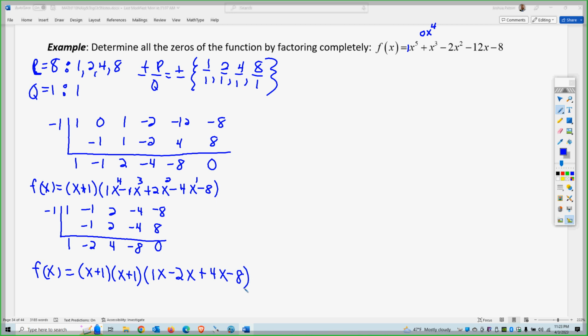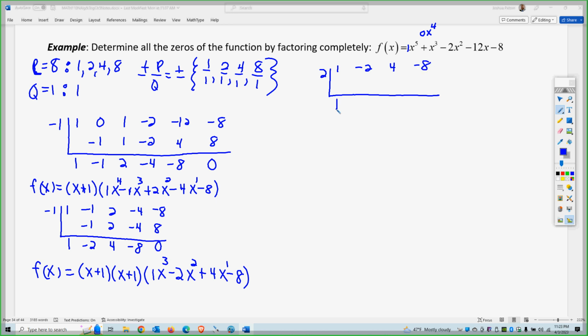Since the one I just did was fourth power, then this one is 3, 2, and 1. Okay, then I notice on the graph that it goes through 2. Okay, so I'm going to try 2. So the values I left off with are 1, negative 2, 4, negative 8.